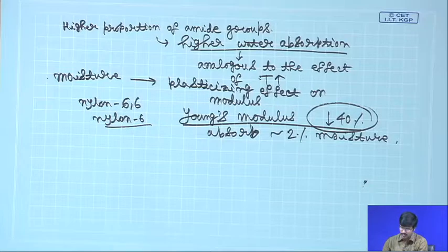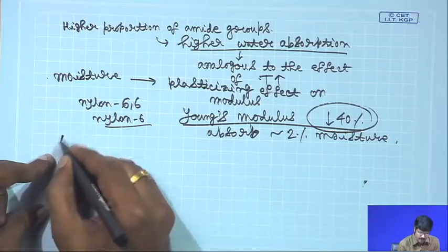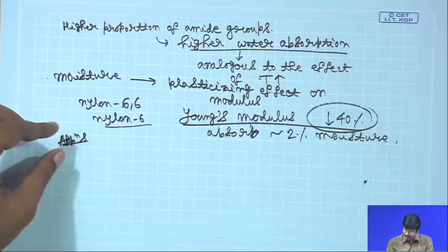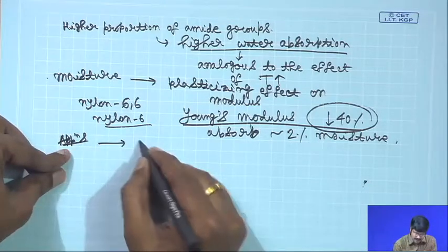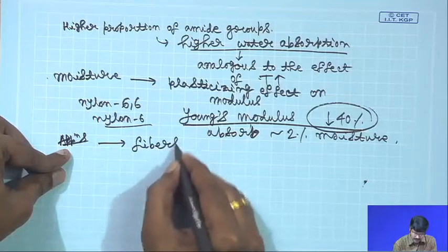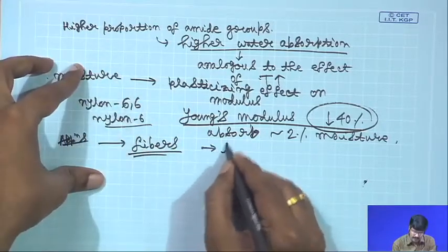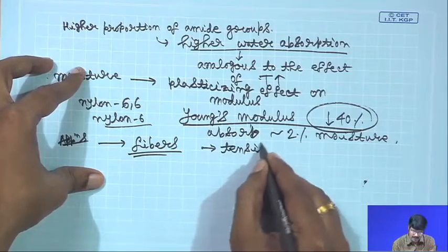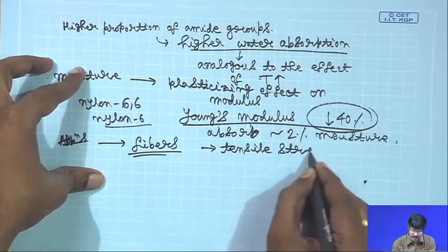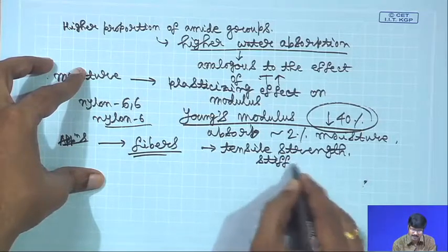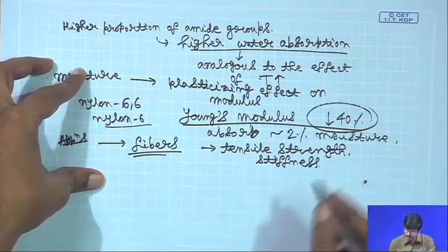Now, in general, if you look at the applications of nylons, they are typically used as fibers, because they have quite high tensile strength and also stiffness. I also mentioned how tensile strength and stiffness are two different things.